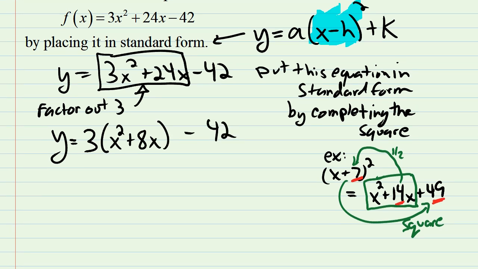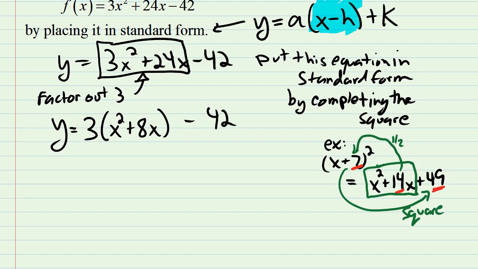Here's what we're going to do. We're going to add something inside with the 8x and the x squared to make this into a perfect square. But in order to do that, at the same time we add it, we need to take it away so that we keep the equation balanced.